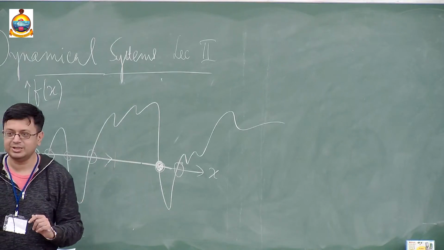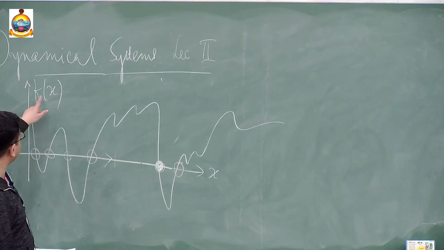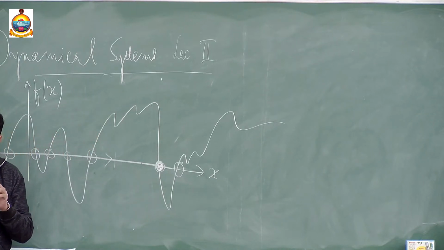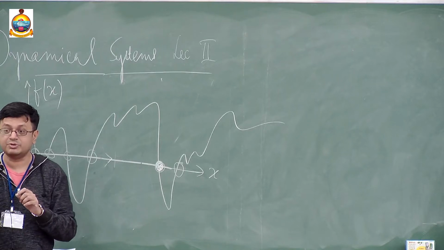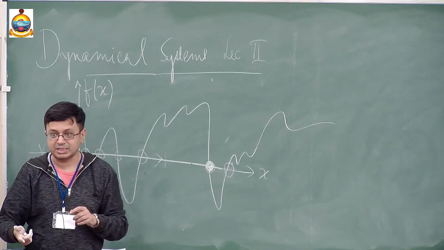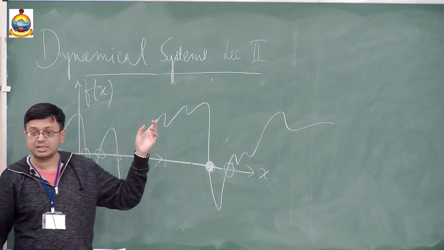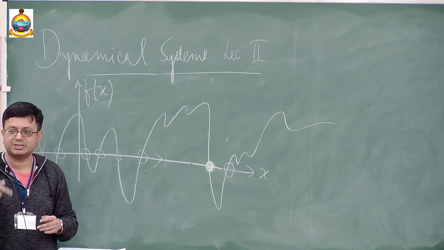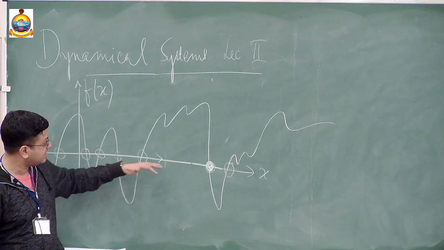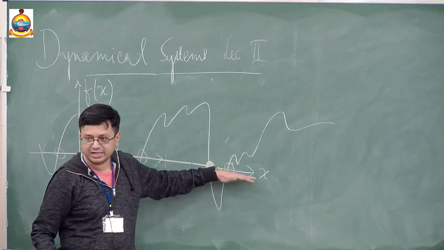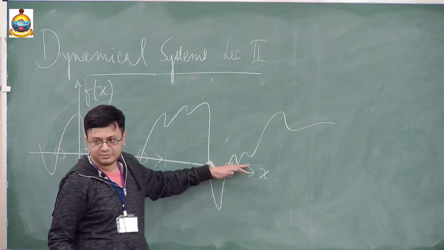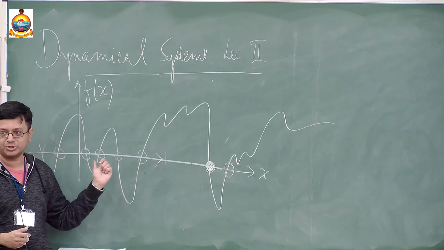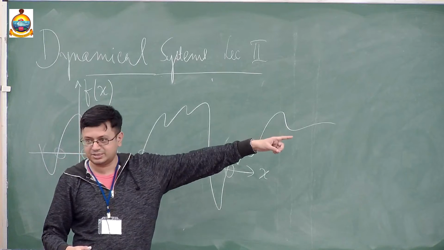Why is that not allowed? Because I have assumed this f of x to be a single valued function. At every point, f of x is going to have just one value which is independent of time. Had this been a non-autonomous system where f of x has explicit time dependence, it would tell me that the local velocity is that way, so I flow that way, but then at the next moment the functional form changes and pushes me this way, and then I would have had such a situation.